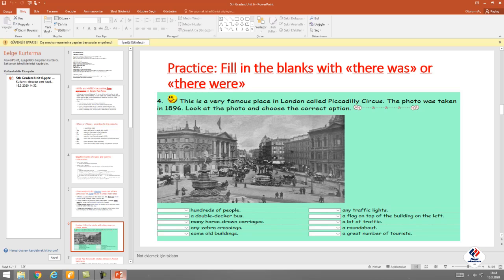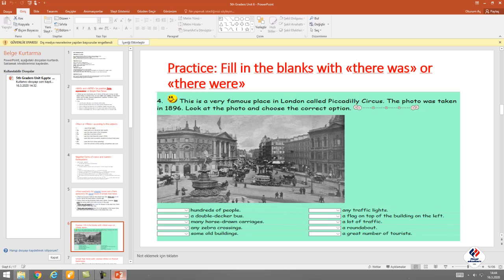Double-decker bus. There was not a double-decker bus at that time. Horse-drawn carriages, I can see 1, 2, 3, and 4, I think. So I can say there were many or there were some horse-drawn carriages.